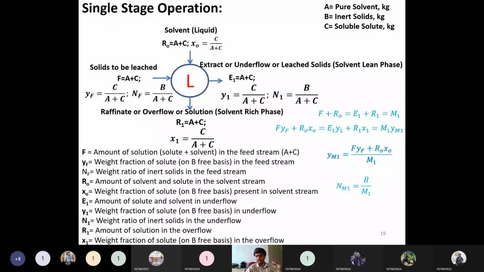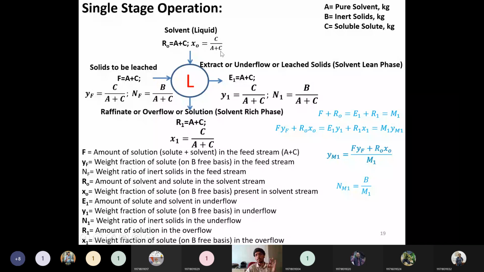Similarly, for every stream we have defined the solute and solvent, and the extract and raffinate streams, in kgs or quantities. The next notation scheme is for mole fractions, mass fractions or mass ratios. The same formula is applicable here, but the quantities of A, B, C are going to differ in each stream.